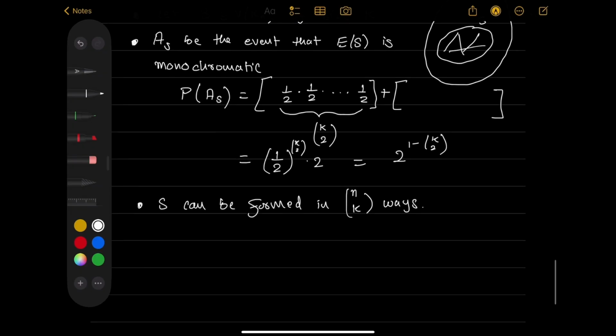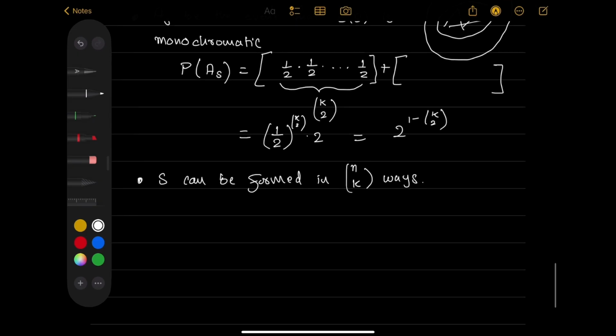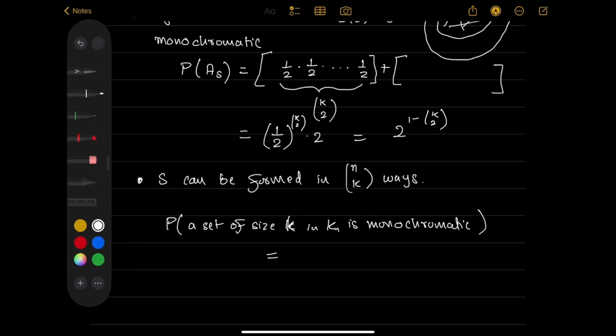So what is the probability that a set of size k in Kn is monochromatic? Basically this will be at most n choose k times 2 to the power 1 minus k choose 2. I hope you all understood this.